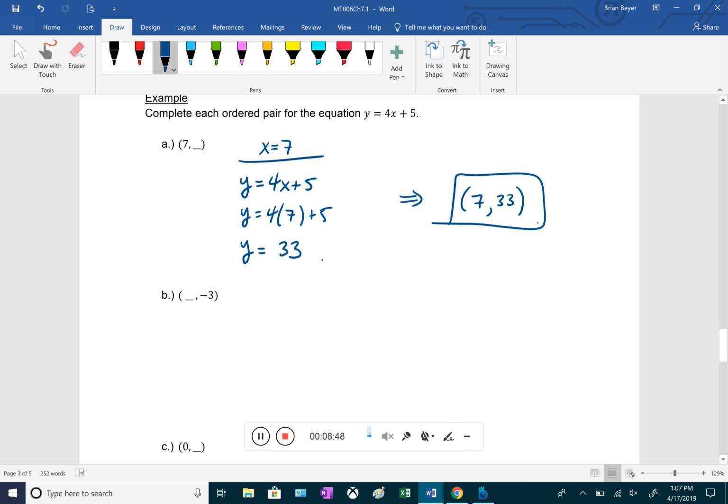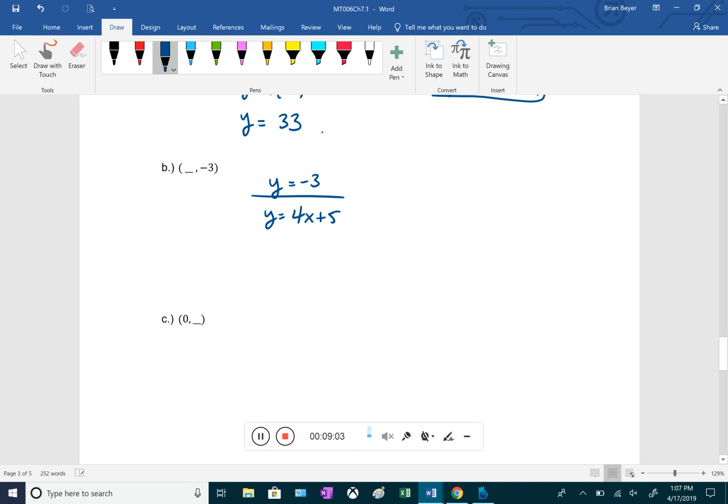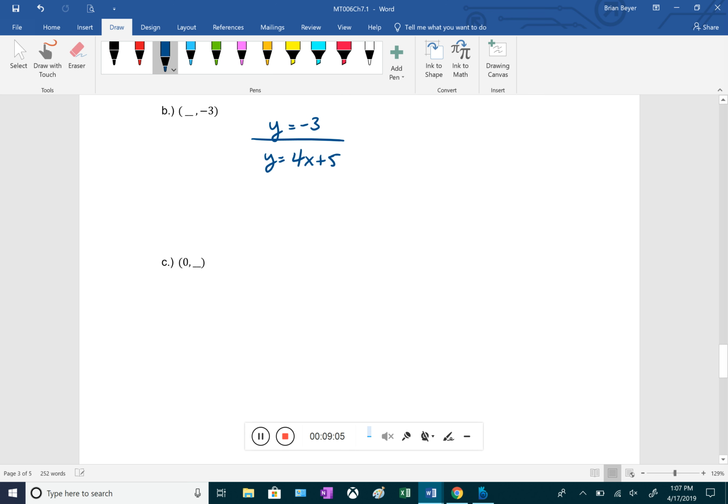Okay, next we have blank, -3. So this time we have y equals -3. So using the equation again, we're going to plug in -3 into y and solve for x. So this is going to be -3 equals 4x plus 5.